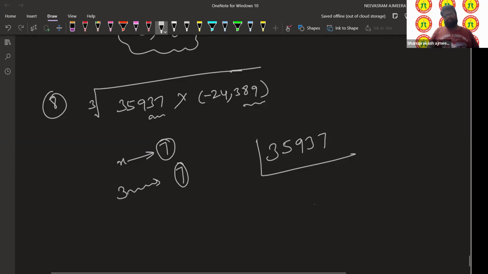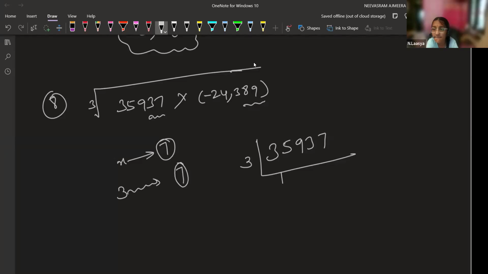Okay. Is any other student here in the class with a doubt on how to solve this question, or facing any difficulty?